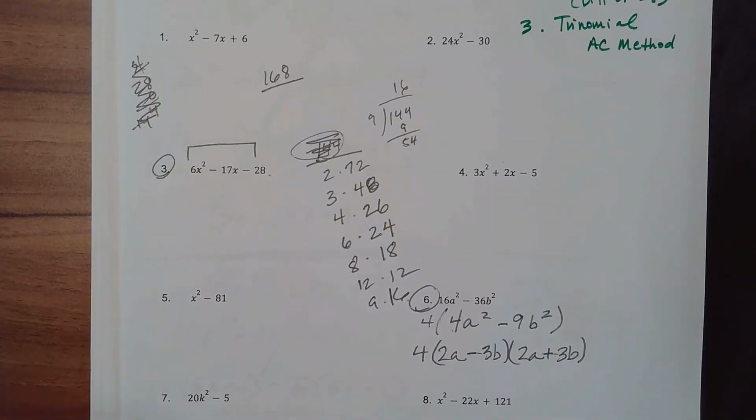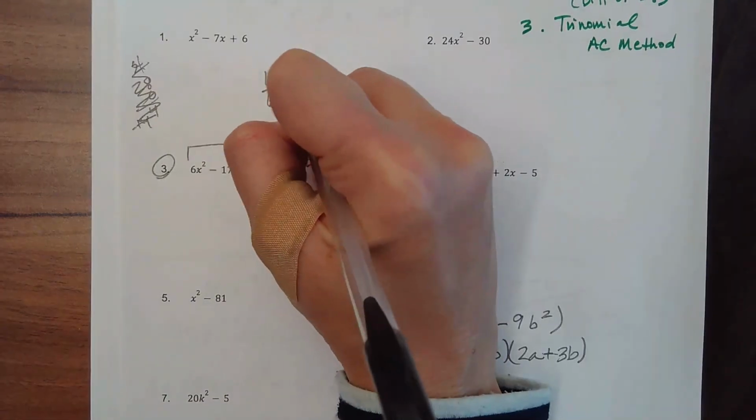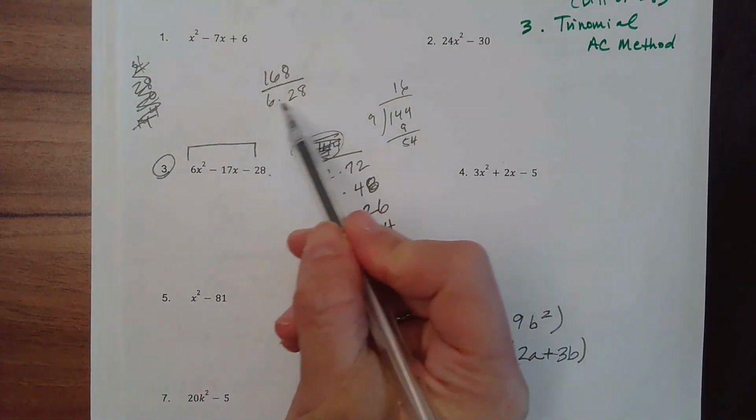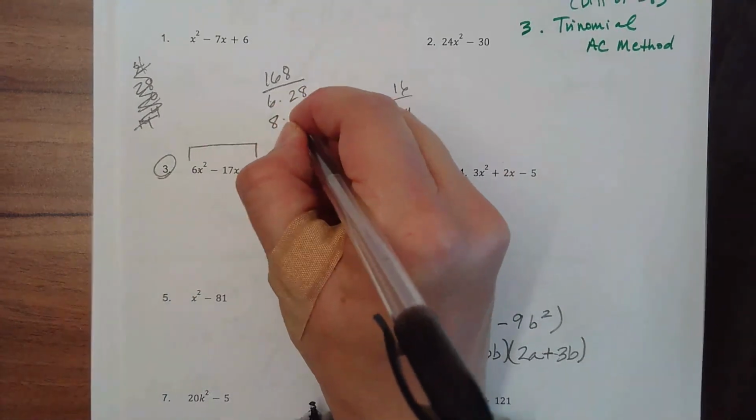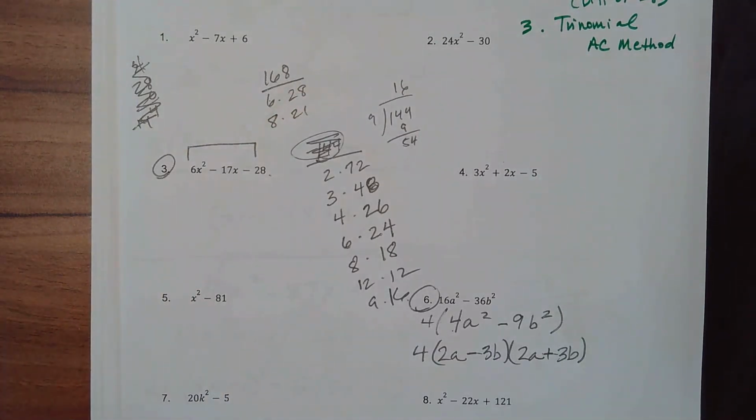So let's try this again with 168. Let's pick a number that we think is maybe reasonable. 6 goes into here 28 times, so it's close. We can get to 22 here. 168 divided by 8, I got 8 and 21. So that one could give me 13.